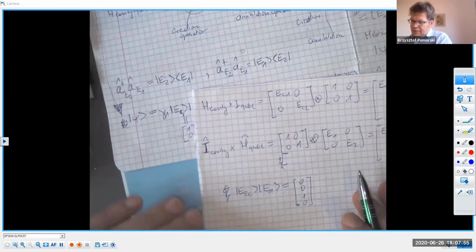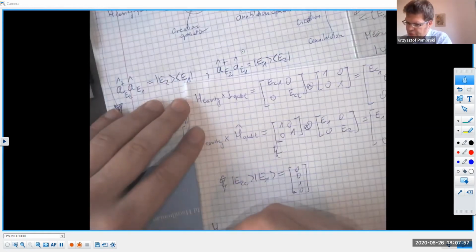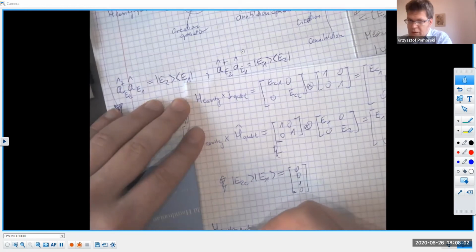All right, so we have to write down the whole cavity qubit.